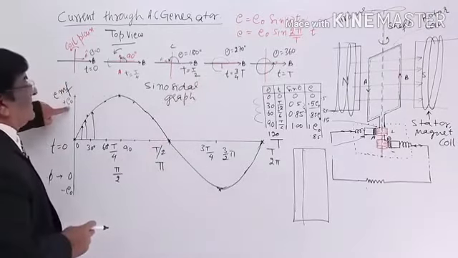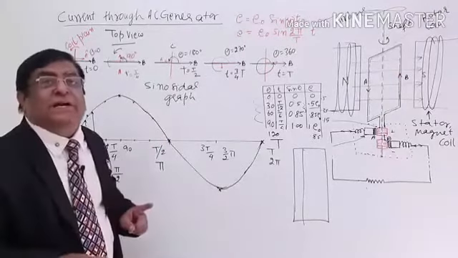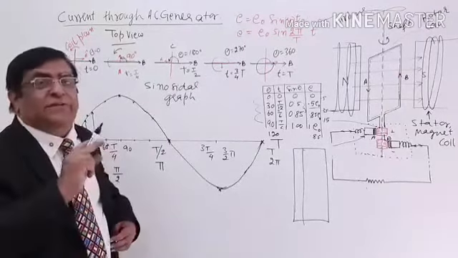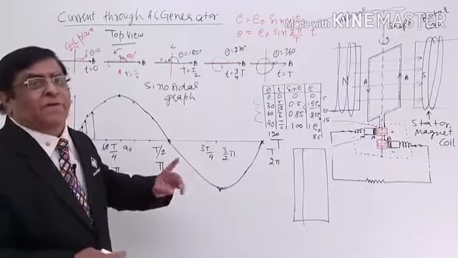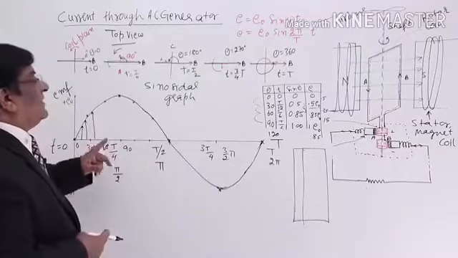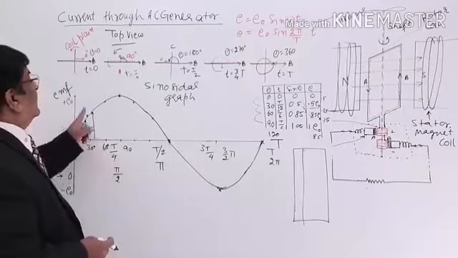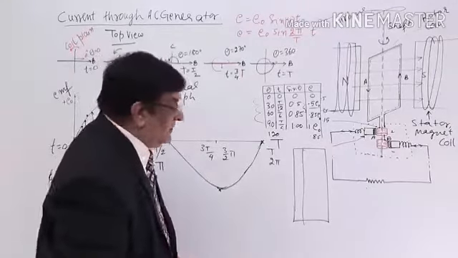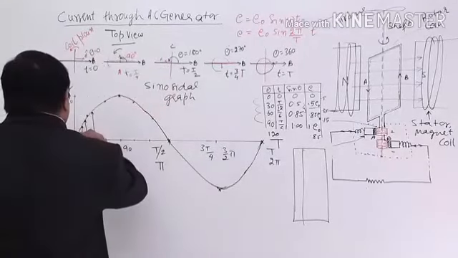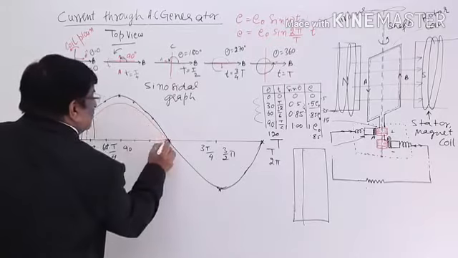When we divide EMF, voltage, with resistance, resistance is a constant. When we divide E with a constant, what we get? I, that nature will also be like this. So when we divide E with R, we also get a graph like this.